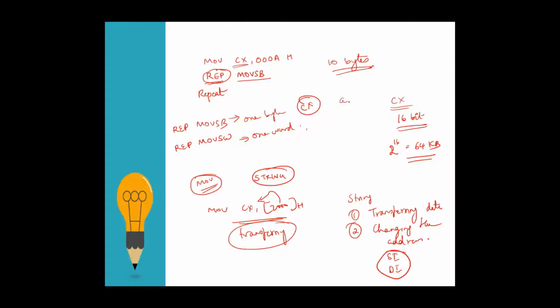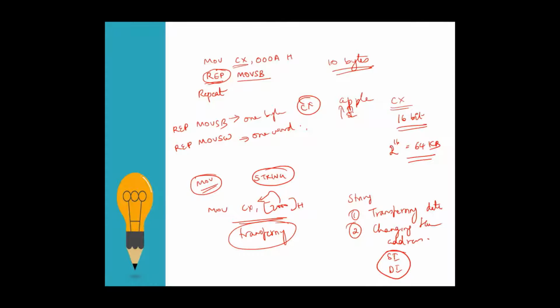See, when you're transferring apple, it's happening byte by byte. Once A is transferred, SI is incremented so that the next byte can be transferred. String instructions automatically manage this address change, incrementing or decrementing depending upon the direction flag. But in normal instructions like MOV, only data transfer is happening.